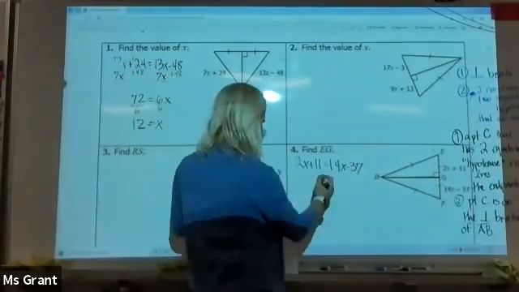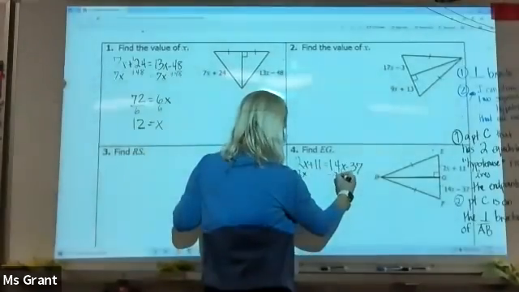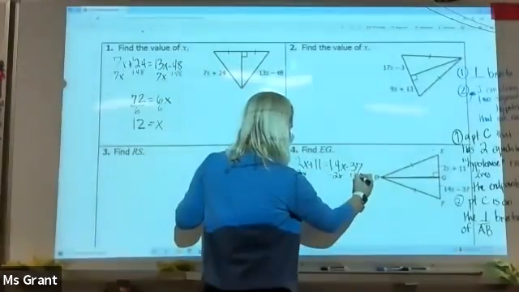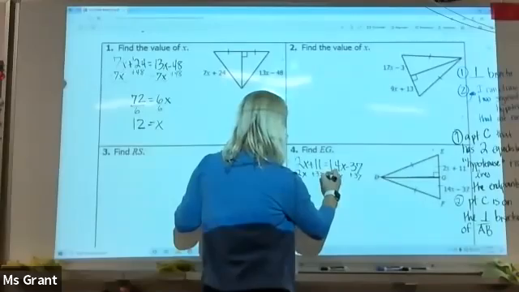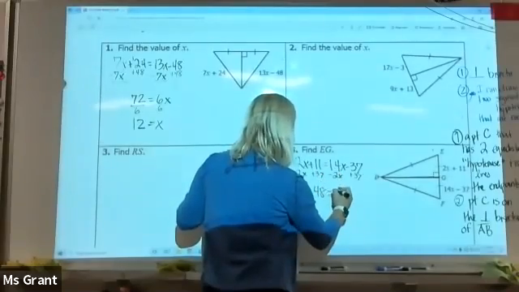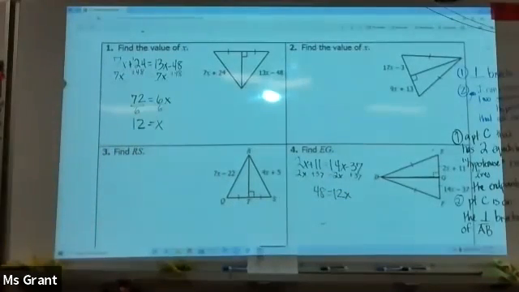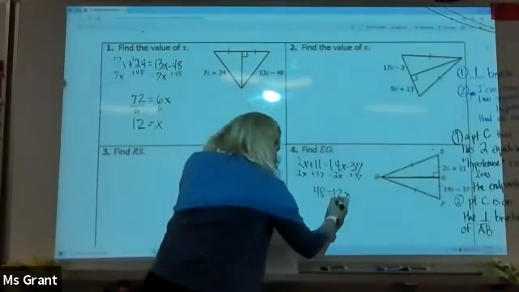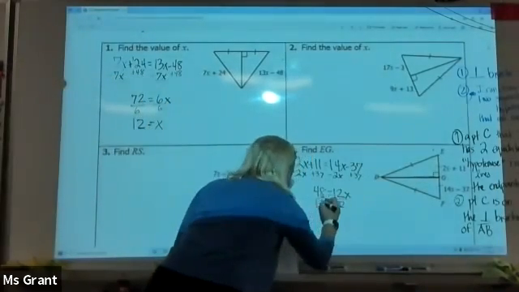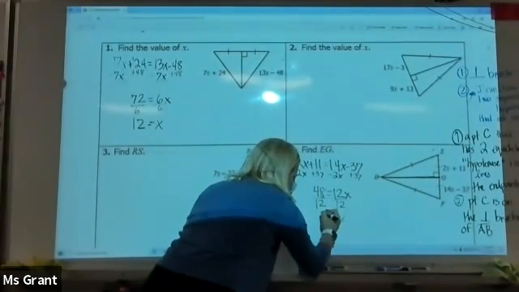Seem nice enough? So I'm doing number 4 now, and I got 48 equals 12x. Divide both sides by 12.